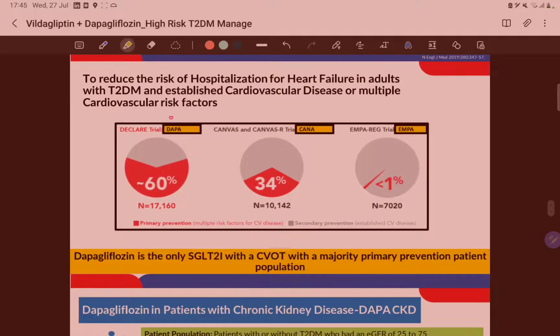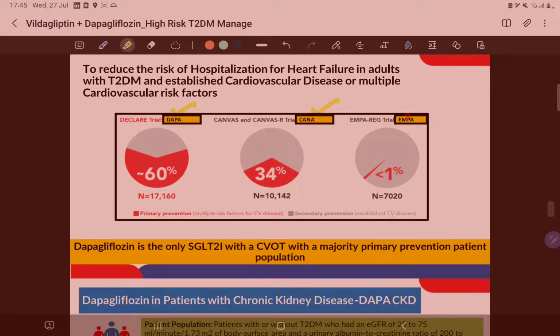Now overall, in the DECLARE trial dapagliflozin was used, in the CANVAS and CANVAS-R trials canagliflozin was used, and empagliflozin was used in the EMPA-REG trial. Here we can see in the primary prevention nearly 60%, so the maximum number of patients were primary prevention.